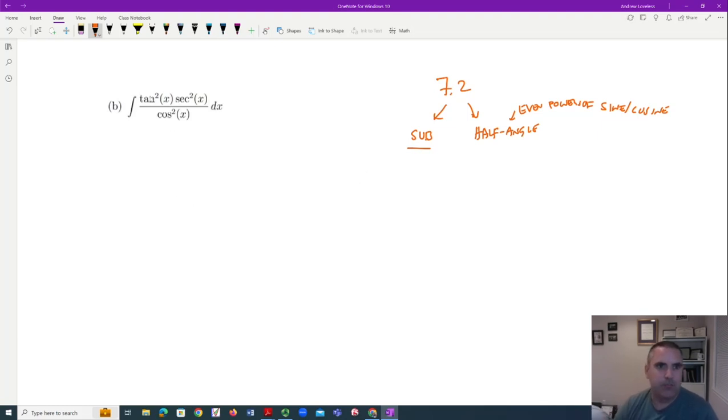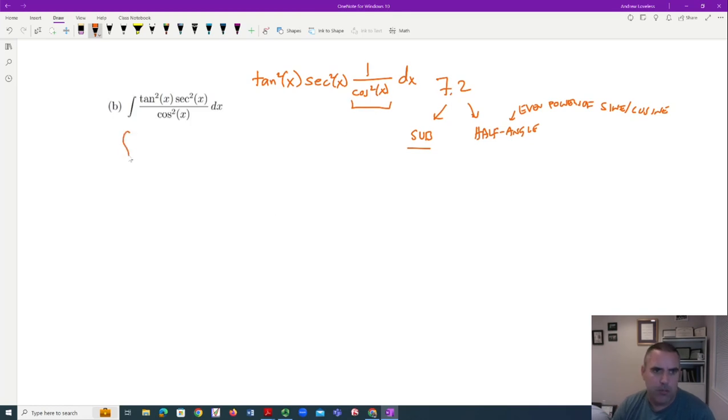Now in this case, we have a mixture, so I would want to rewrite it. So there's a little challenge here, which is, is there an obvious way to rewrite this? And it might help you to think about it this way. And when I look at it that way, I realize, oh, it kind of would be nice to turn this into a secant squared.